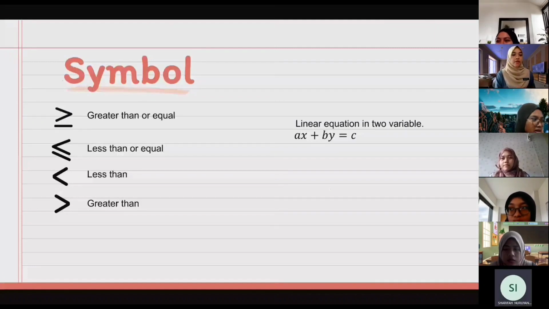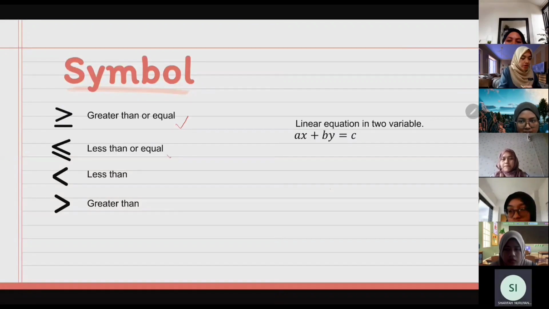So here, there are four important symbols that you should know in this topic. The first one is greater than or equal, less than or equal, less than, and also greater than. You also should know the linear equation in two variables, which is ax plus by is equal to c. This is a linear equation. We also have linear inequalities.